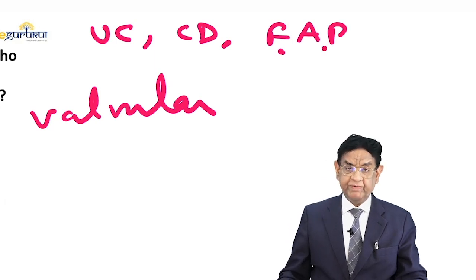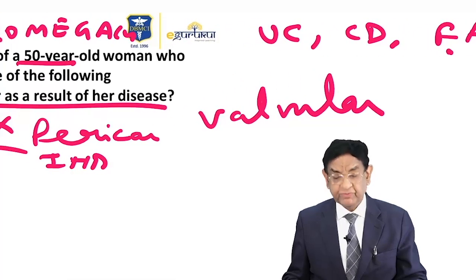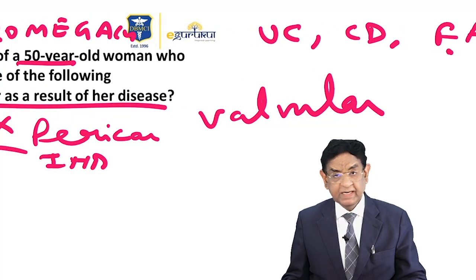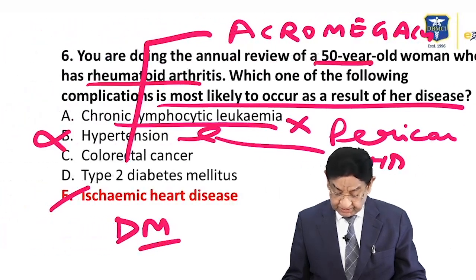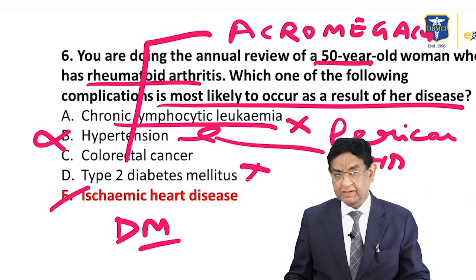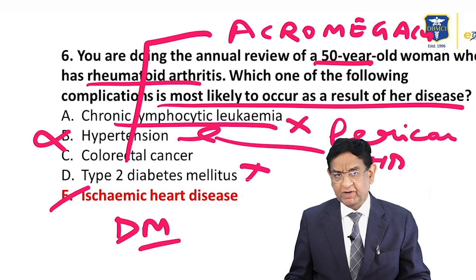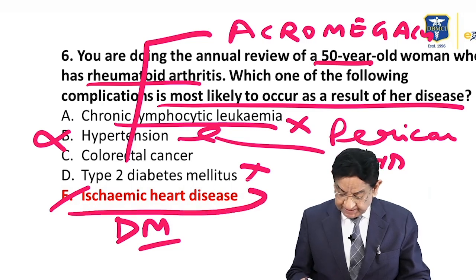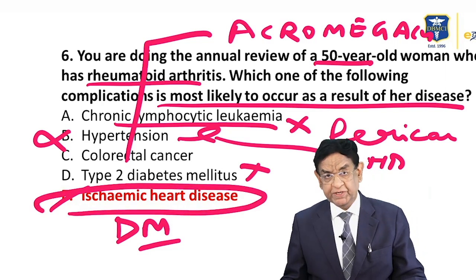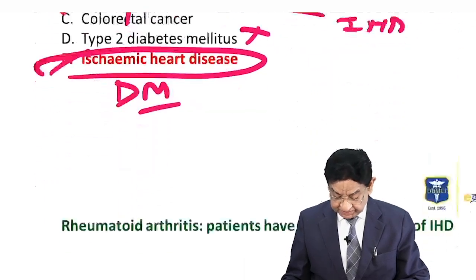FAP stands for familial adenomatous polyposis. They are the cause of colorectal cancer; RA is not a cause. RA is also not a cause of type 2 diabetes. In fact, usually hyperglycemia is not a feature of RA, but this is definitely a complication. So the answer is ischemic heart disease.